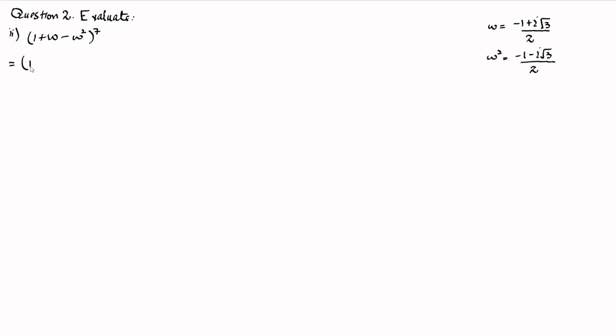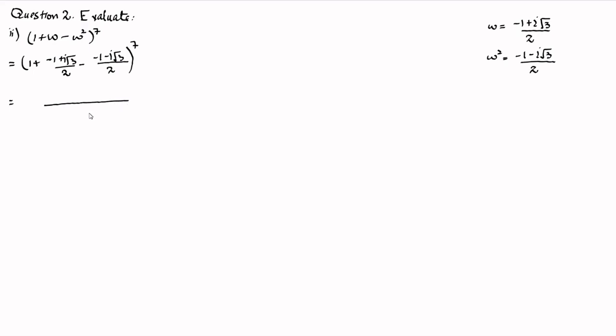So we have 1 plus minus 1 plus iota square root 3 divided by 2 minus minus 1 minus iota square root 3 divided by 2 and whole power 7.